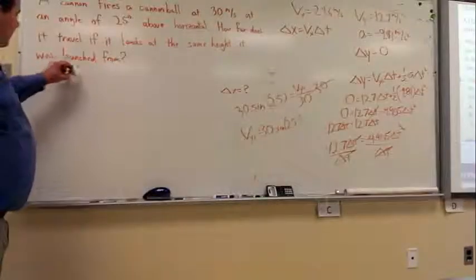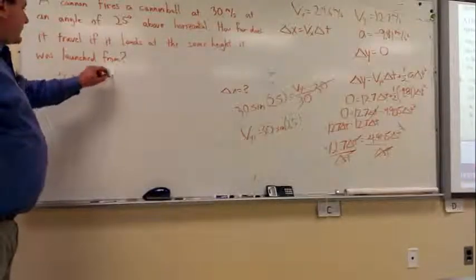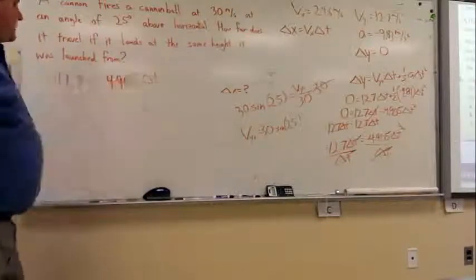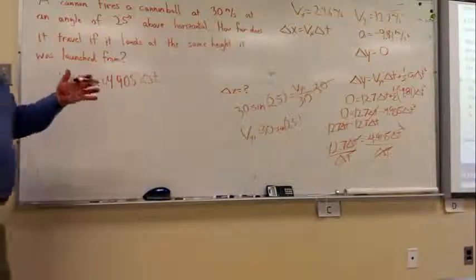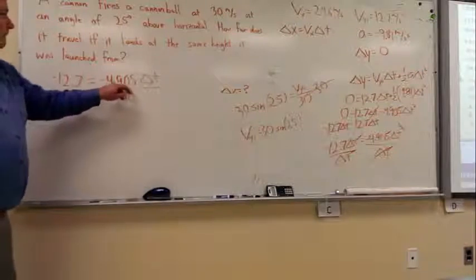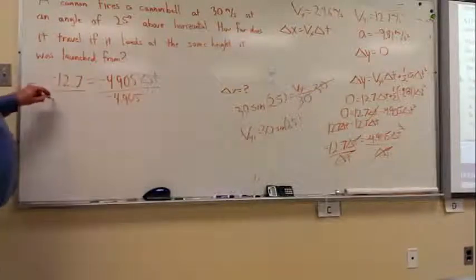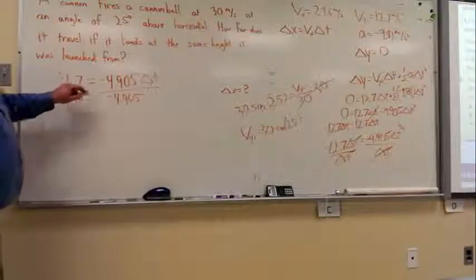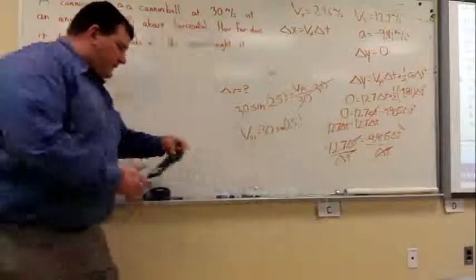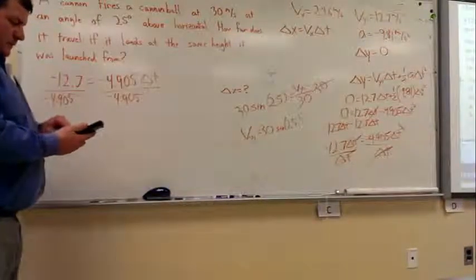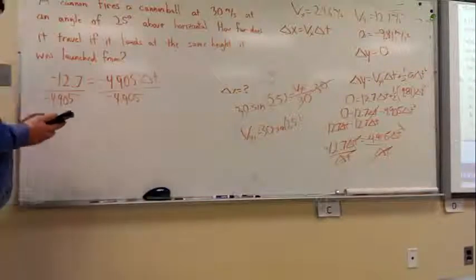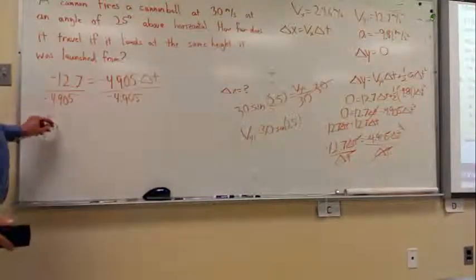Negative 12.7 equals negative 4.905 delta t. Now I just divide both sides by negative 4.905. Cancels out over here. Over here, I get 2.59 seconds.